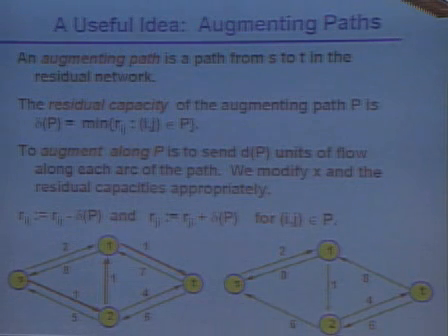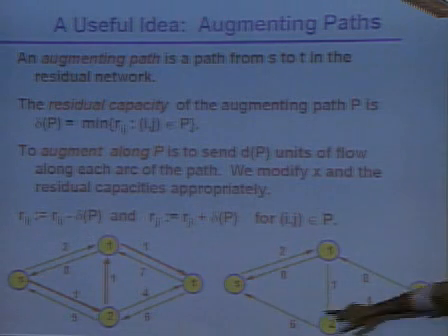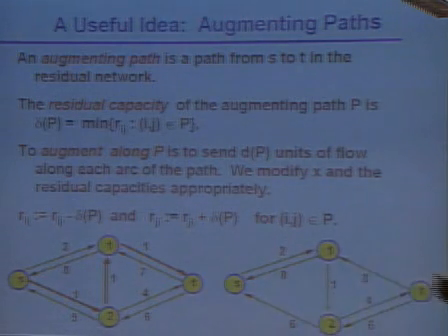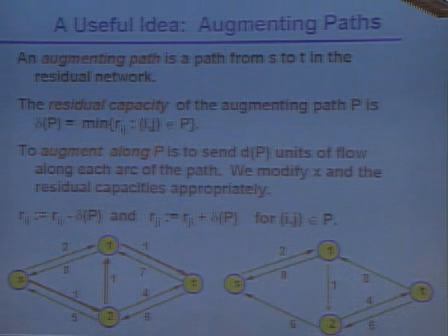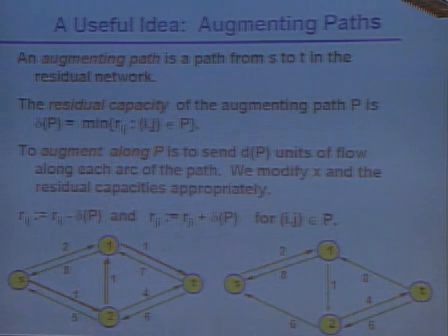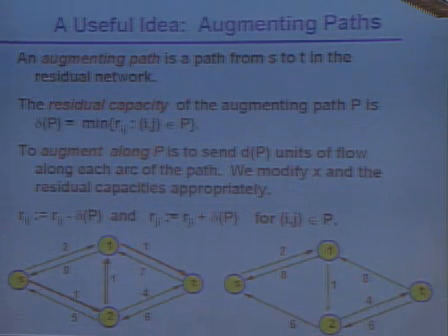And I want to draw the residual network. Well, first of all, these two arcs are untouched. Okay? So their residual capacities are going to stay exactly the same. So this is going to have a capacity of 6. And this is going to have a capacity of 8. Okay? Nothing changes.